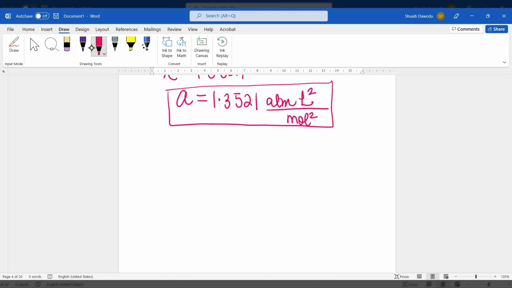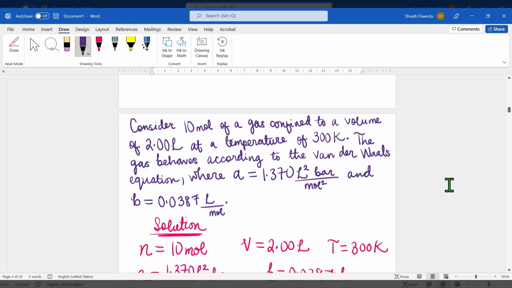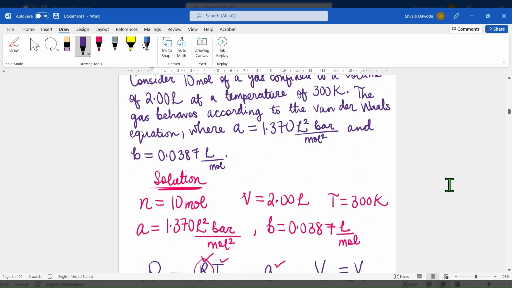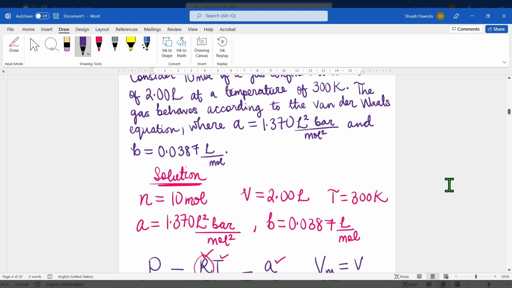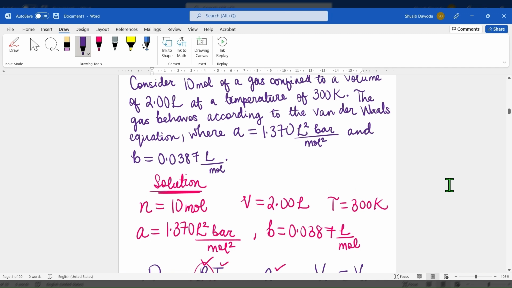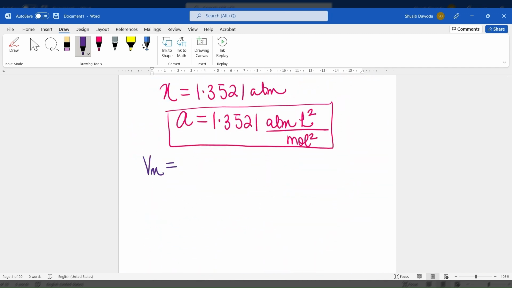Now we have to remember that we're told to solve for the molar volume. What did we say the molar volume was? We know the molar volume to be volume divided by number of moles. We're given our volume to be 2.00 liters and number of moles to be 10 moles. So that would be 2.00 liters divided by 10 moles.